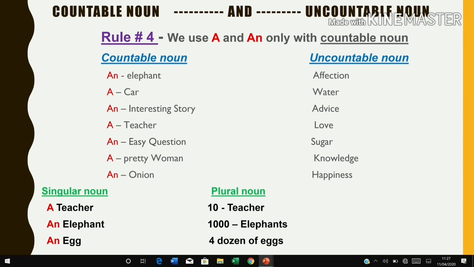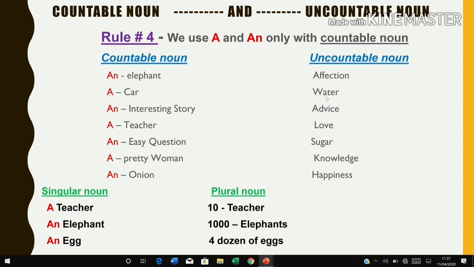Okay? On the right side of our screen there are uncountable nouns, but we cannot count uncountable nouns in this way. For example, we don't say, I want to drink 400 water or I drank 4 waters, isn't it?